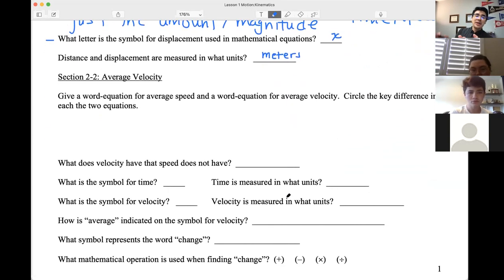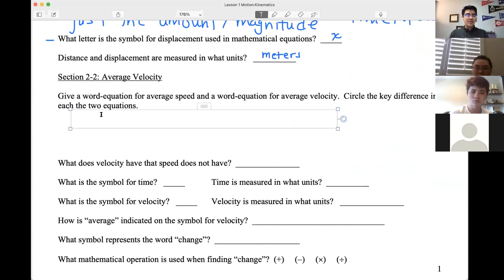So now everybody knows what velocity is, but how would you explain it in a physics way? We want to give a phrase for average speed, and a phrase for average velocity. What is average speed?